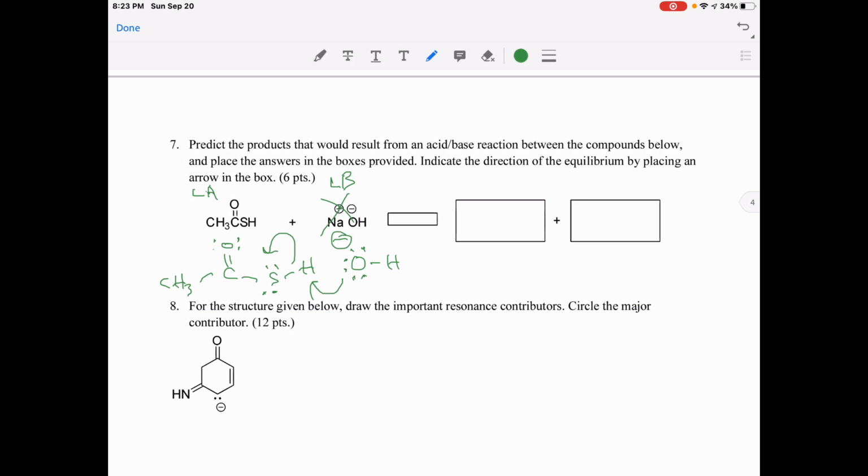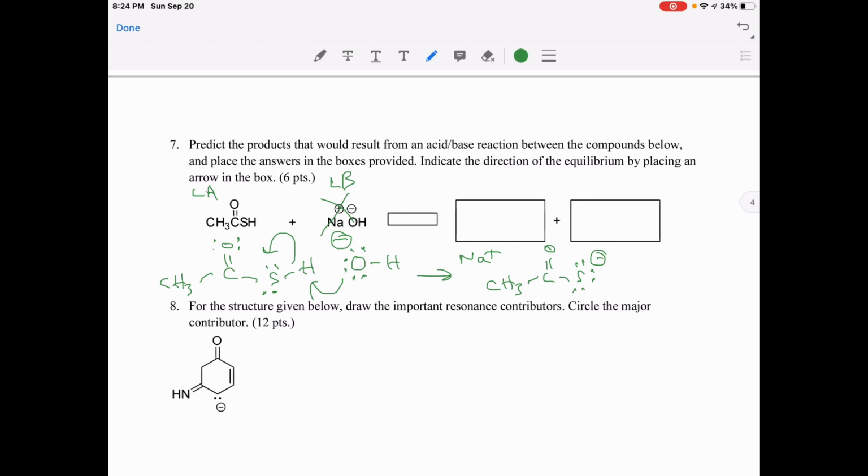So the resultant products of this would be, along with the spectator ion, the conjugate base of the original Lewis acid, and the sulfur atom, because it has an additional pair of electrons now, is negatively charged.